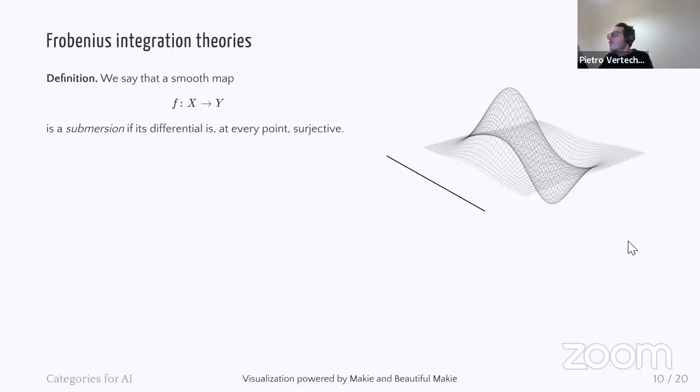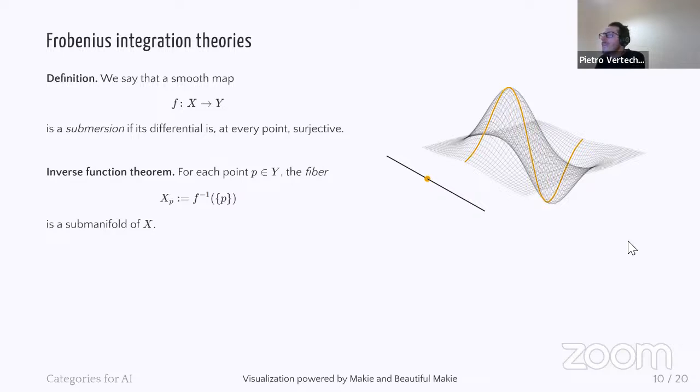And at each point, the local approximation of this map, which will be basically a linear map from the plane to the line, is full rank, so it's surjective. And when that happens, we say that this map is a submersion.